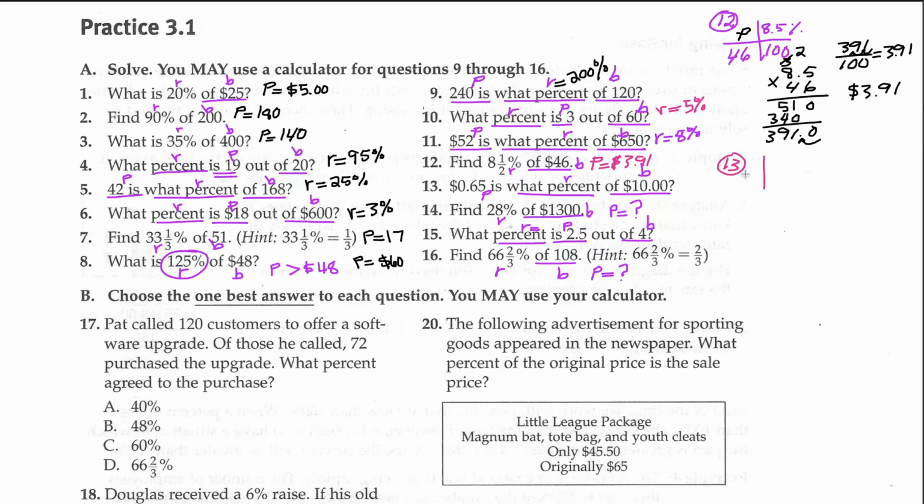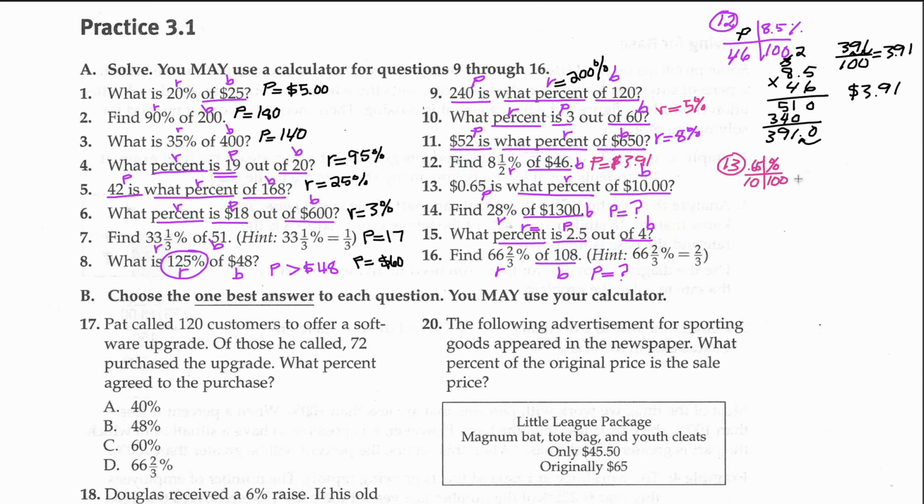Okay, we need this times here, put 100 here. This time, number 13, rate is missing, so we can put the percent here and the $10 here. $10 is the base, and 65 cents, which is the part.